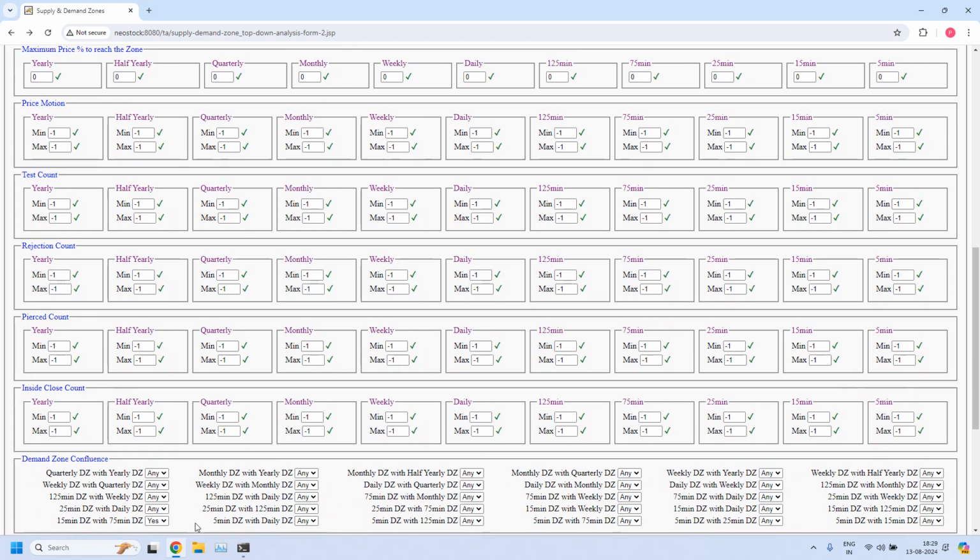So we already enabled 15 minutes demand zone with 75. Next 15 minutes demand zone with daily demand zone enabled. And also 75 minutes and daily and 75 minutes zone confluence also we will verify.